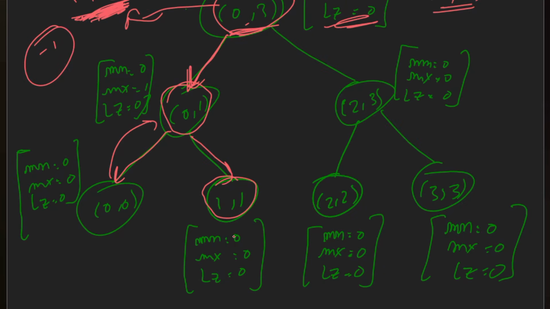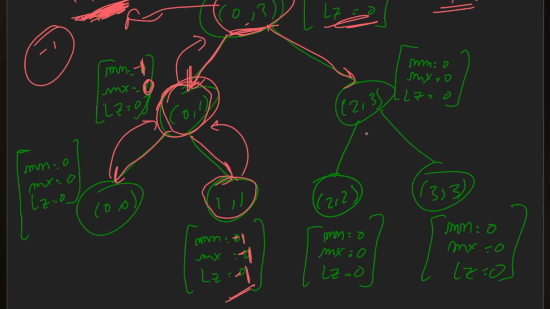So we update the minimum, maximum and the lazy value to minus 1. Now we go back, and this node will update its value. Minimum is 0, minimum is minus 1, so minimum gets updated to minus 1. Maximum is 0, maximum is minus 1, so maximum gets updated to 0. So the minimum and maximum for this node get updated. Then we go back.